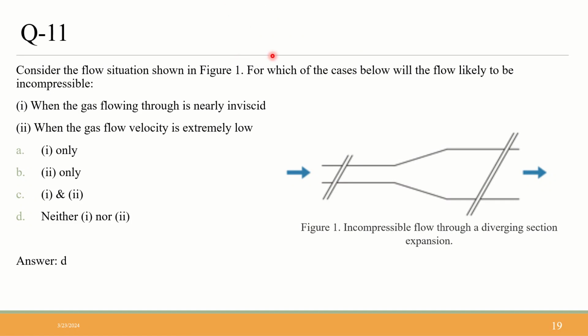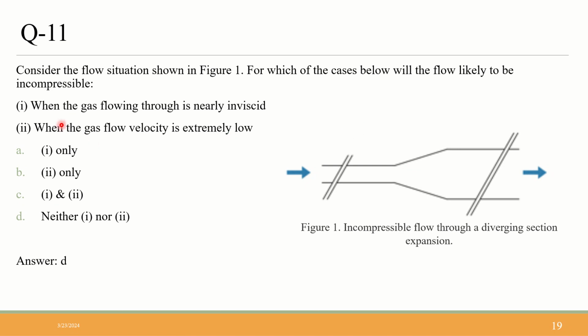Okay, so here we have a diverging section expansion. With respect to the expanding section, there is a change in velocity. So incompressible flow through a diverging section expansion means the gas velocity is varying over here.